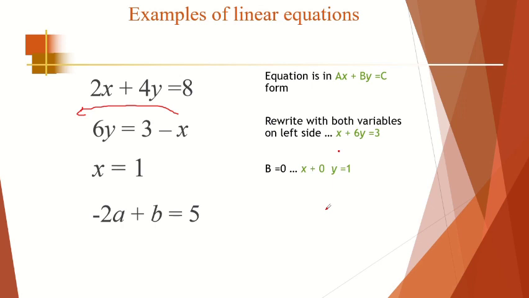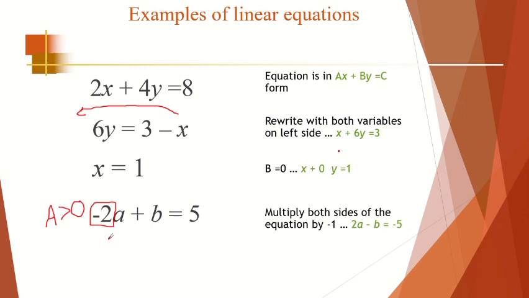Next, we have negative 2a plus b equals 5. Since our classification says that a is supposed to be greater than 0, and based on this, negative 2, we all know negative numbers are less than 0. So how are we going to simplify? Multiply both sides of the equation by negative 1, because negative times negative is positive.